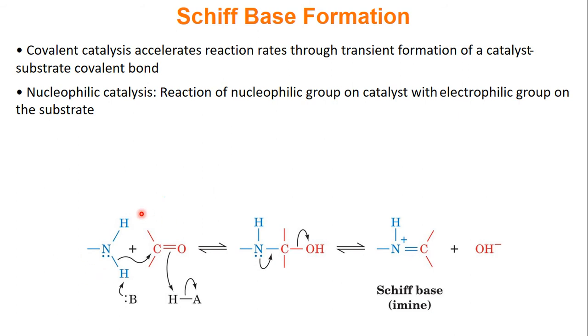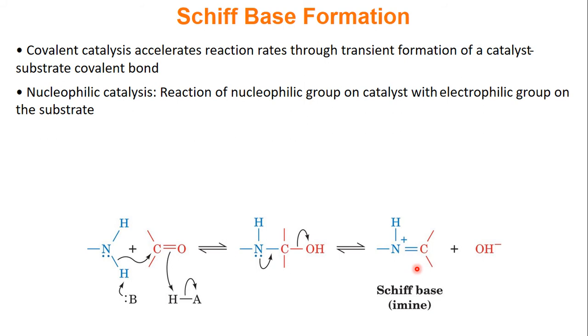So here, if we look at our mechanism, we have an NH2 and a carboxyl group, and our enzyme here can be a base where we take a hydrogen, and we can also have an acidic hydrogen here that could also be part of our enzyme. So here, the hydrogen's being taken away, then we're donating a hydrogen, you're forming a covalent bond, and you're forming eventually a Schiff base.